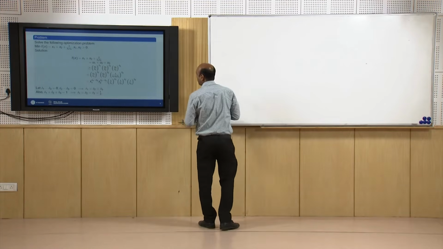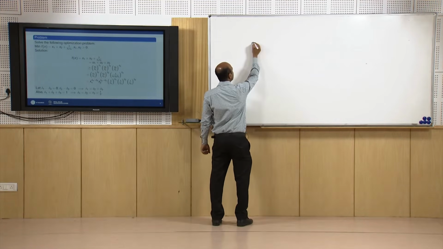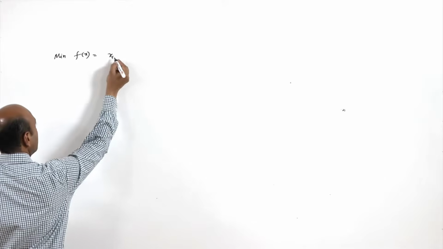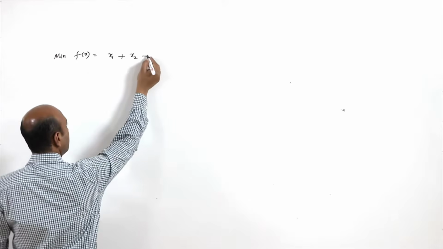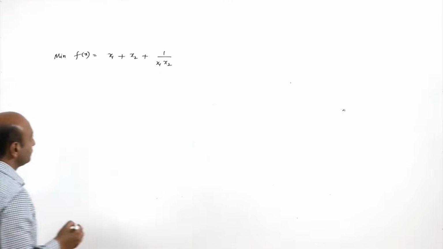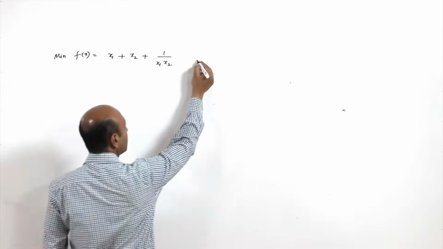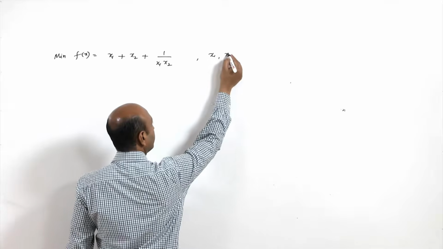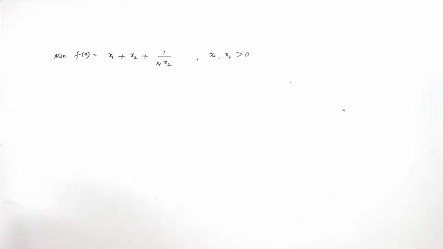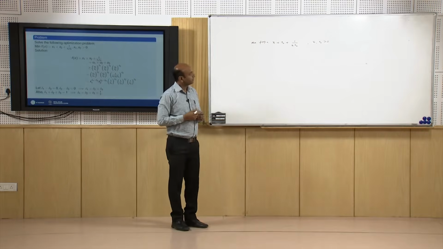Let us discuss a simple problem first. It is minimization of f(x) is equal to x1 plus x2 plus 1 upon x1 x2, where x1, x2 are strictly greater than 0. Now, how to solve this problem using geometric programming approach?